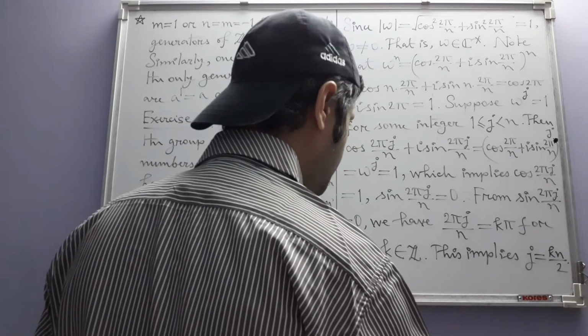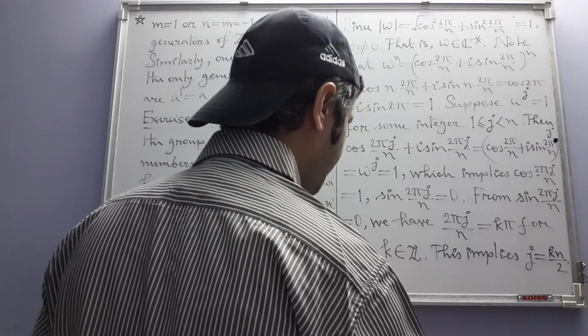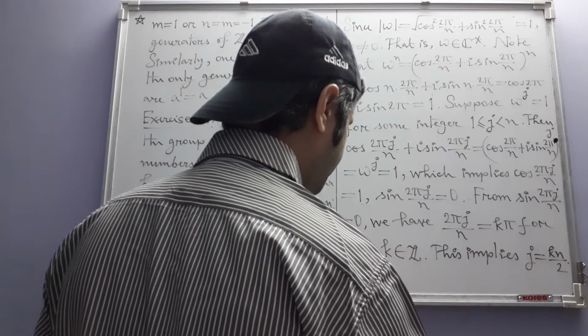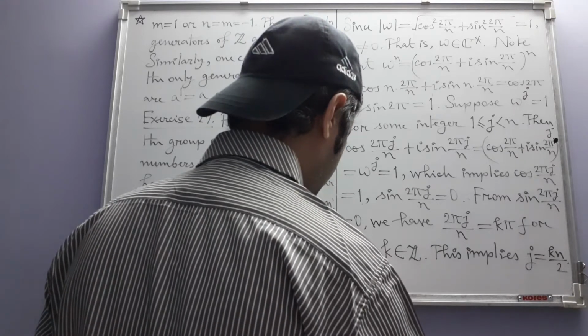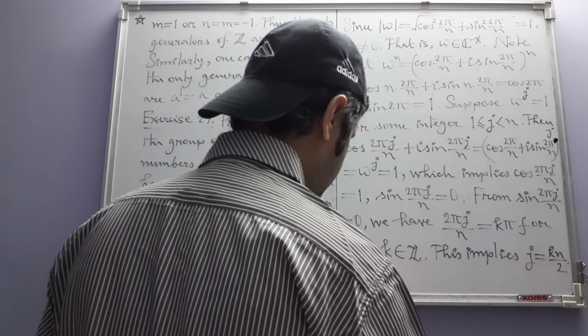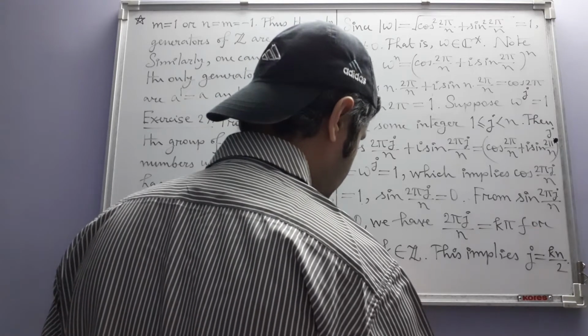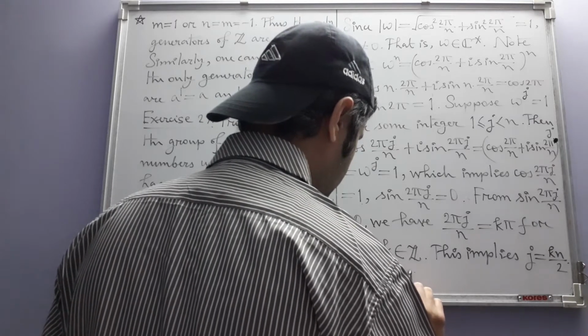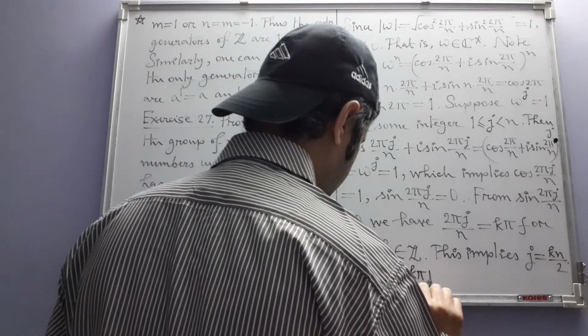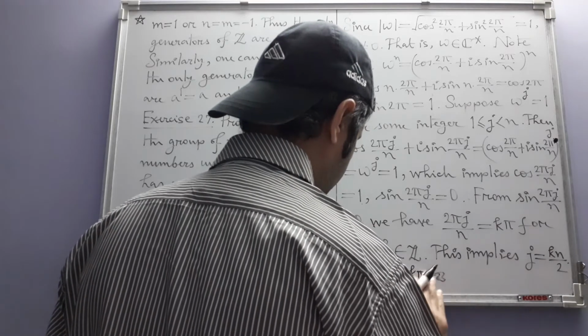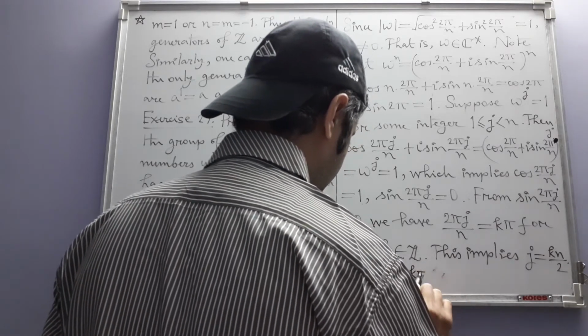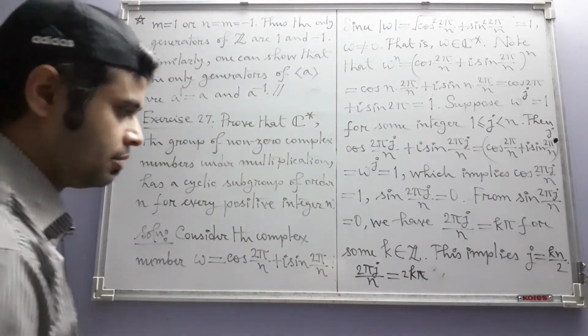Okay. 2 pi j divided by n is 2k pi plus minus 0, that means 2k pi, where k is some integer.